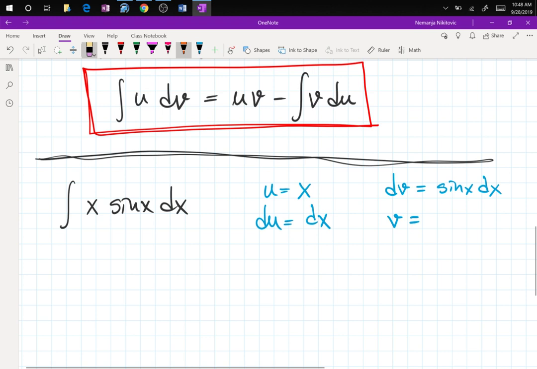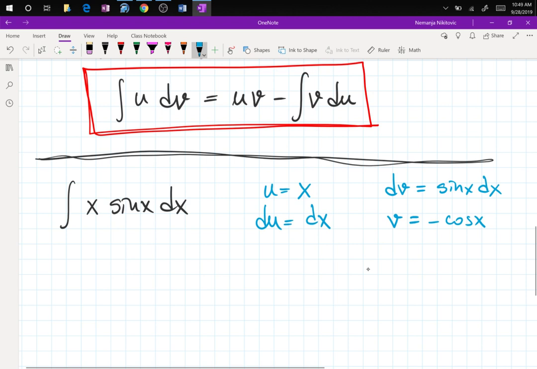And now, for part v over here, I will integrate. So when I integrate dv, I get v. When I integrate sine, I get negative cosine x. Now, I am not going to put plus c for this integration because there will be a plus c at the end of the problem. So I don't have to worry about plus c in here.